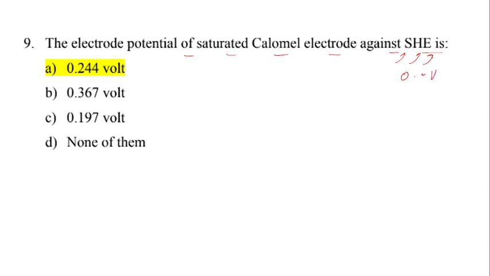So with respect to the standard hydrogen electrode, the potential of the saturated calomel electrode is 0.244 V, and you need to memorize it. There is no concept. You can calculate by the Nernst equation if some data are given, but here you need to memorize the hydrogen electrode potential, then the calomel standard potential, like that.